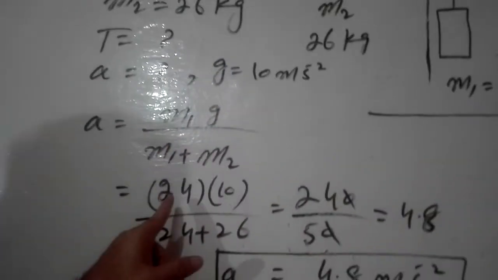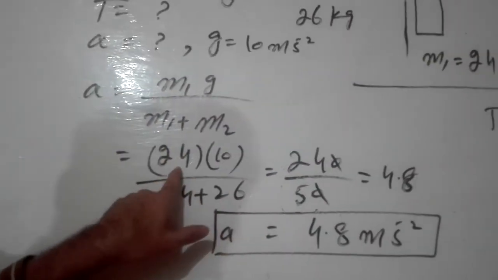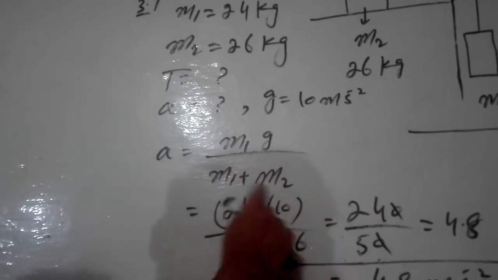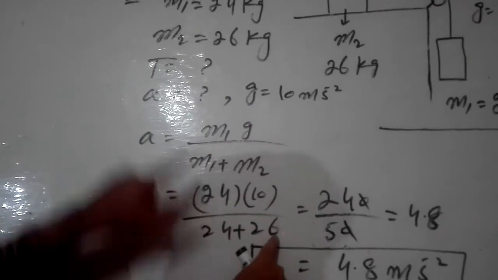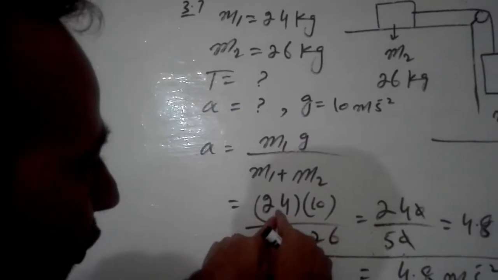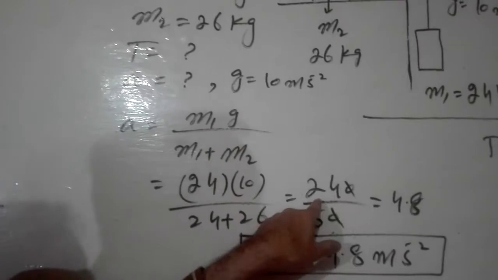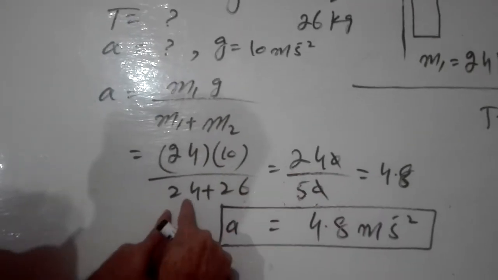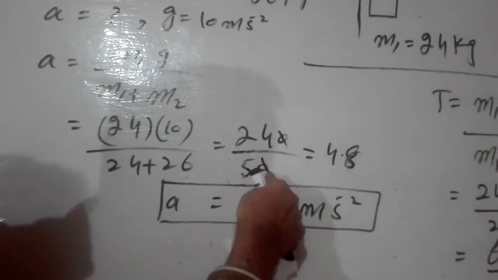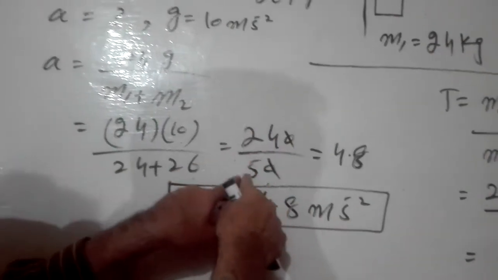Now just place the values. M1 is 24, given here. The value of g is 10, and down there you add up these two masses, 24 plus 26. When 24 is multiplied by 10, it gives us 240. When you add 24 plus 26, the answer is 50. The 0 can be cancelled with this 0, giving us 24 over 5.